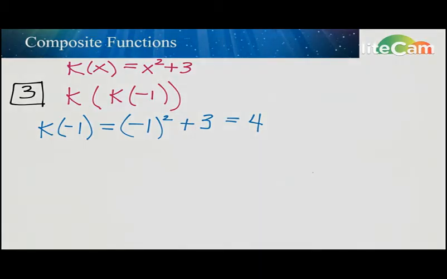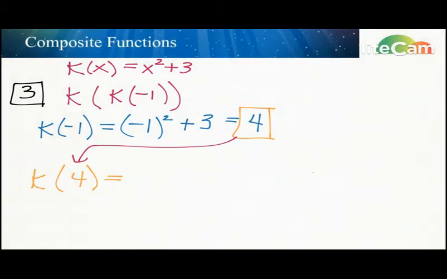And again, this is your y value that's going to go into the next function, the outside k. It now becomes the new x. So now I'm going to put 4 into x squared plus 3, which 4 squared is 16. 16 plus 3 equals 19. And 19 is my final answer.